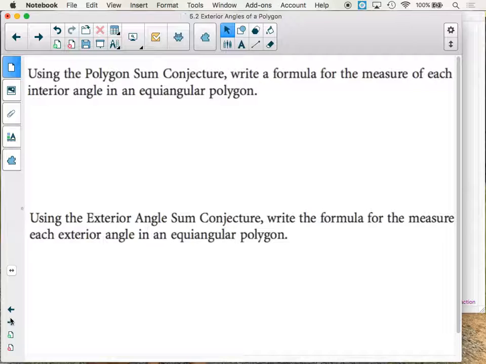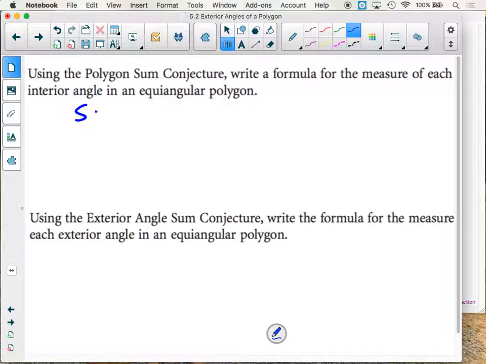So now let's use what we did yesterday. Yesterday we had the polygon sum conjecture. You might remember that as the sum is equal to 2 less than the number of sides multiplied by 180. Now that's for the sum of them.